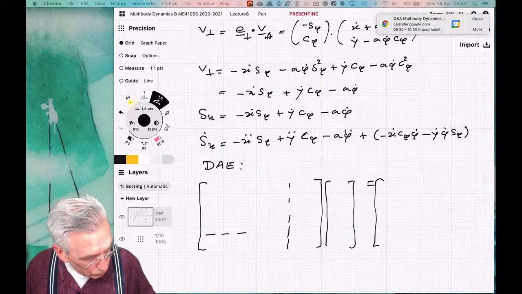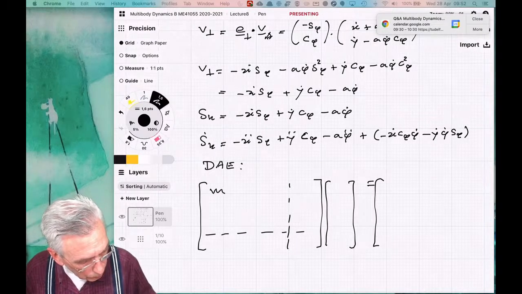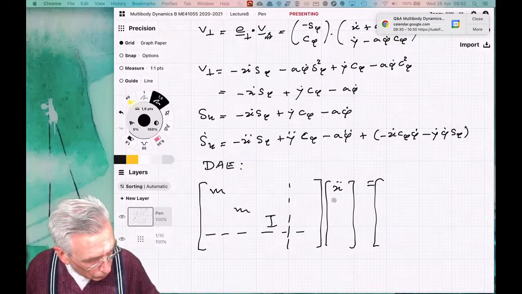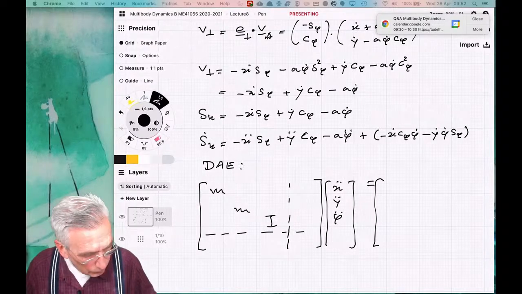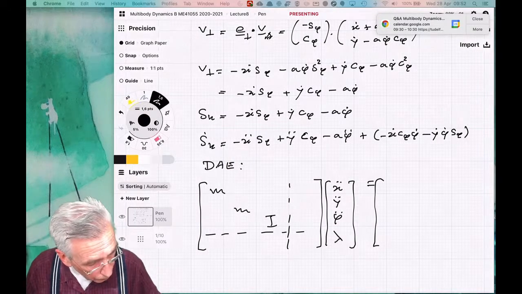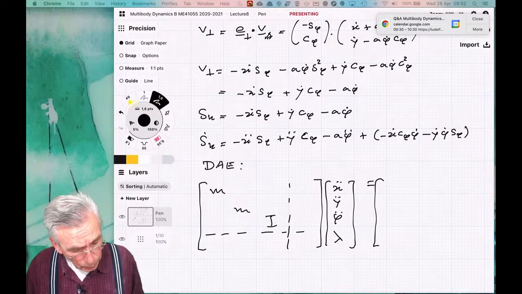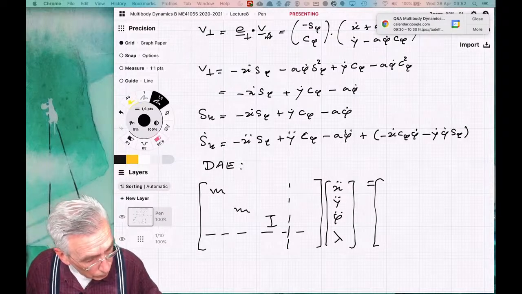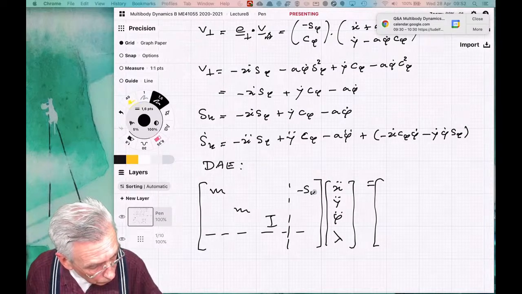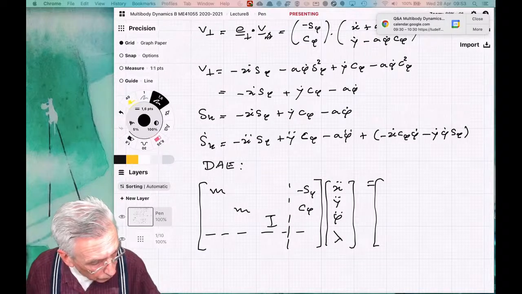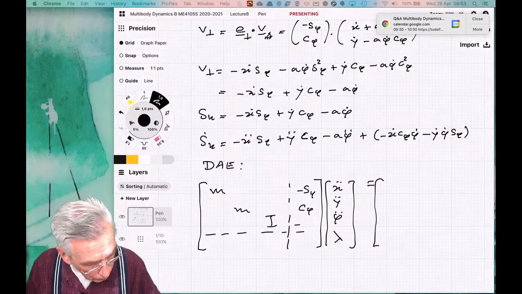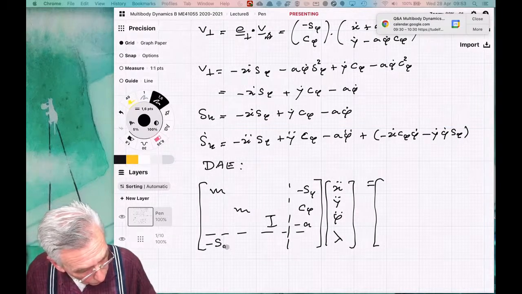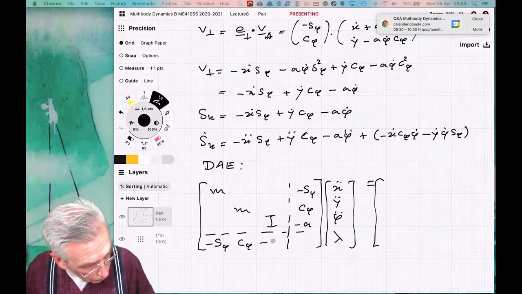So it's two parts, of course. It's the mass matrix, and these are the coordinates, x double dot, y double dot, phi double dot. We have only one multiplier, lambda. Then we put in this Jacobian thing here and here. So we get minus sine phi, cosine phi, and minus a. And here we get also the same, minus sine phi, cosine phi.